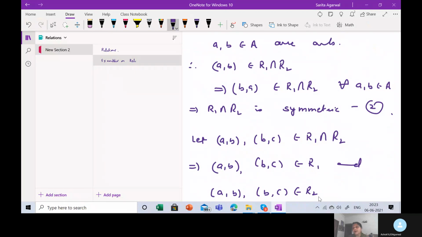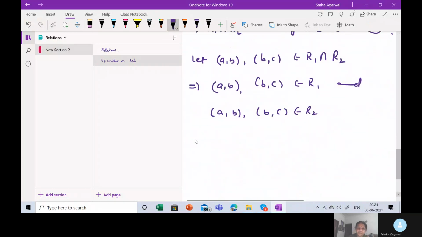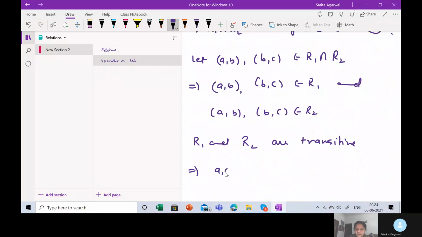But R1 and R2 are transitive, and this gives us that (a, c) belongs to R1 and (a, c) belongs to R2.